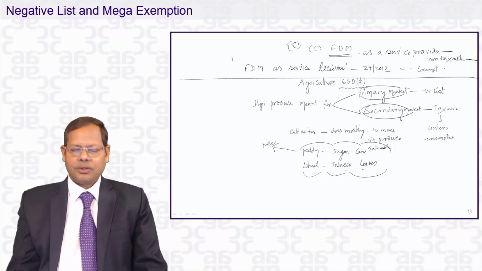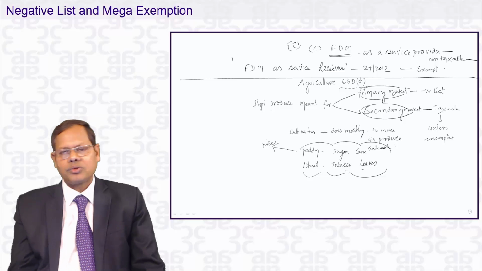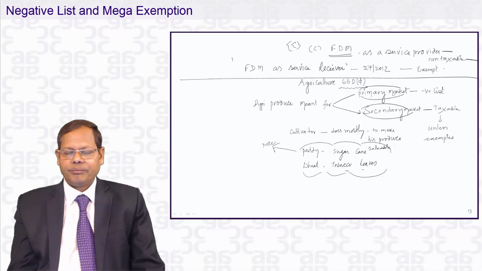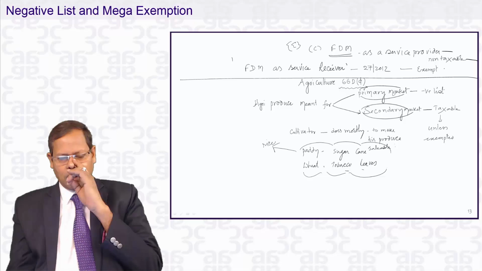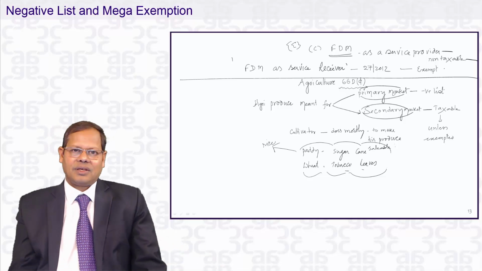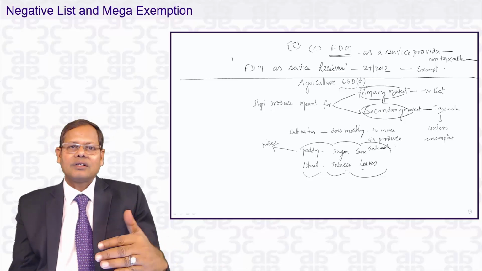So first thing you have to understand: agricultural produce meant for primary market, they have given a clean sheet to all agricultural operations, even anything supporting agricultural operations.